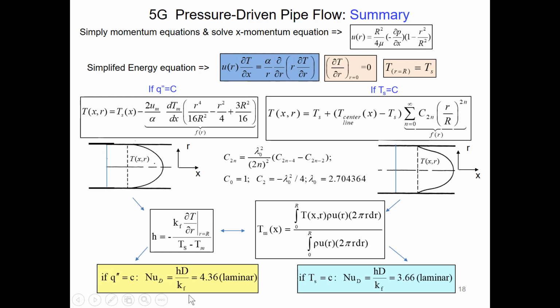Finally, we plug h into the definition for the Nusselt number to get both Nusselt numbers for the constant heat flux thermal boundary condition and constant surface temperature thermal boundary condition. Both Nusselt numbers are constant.